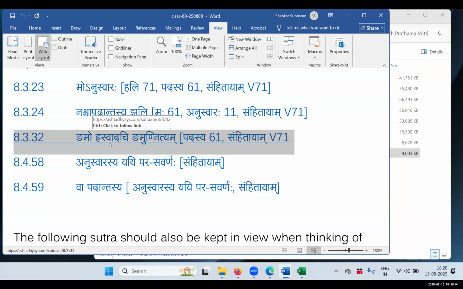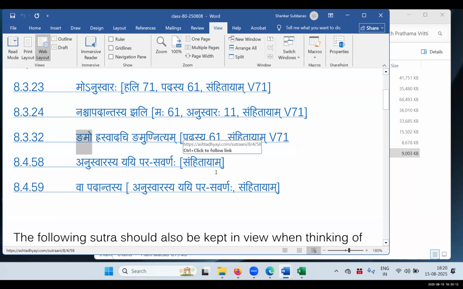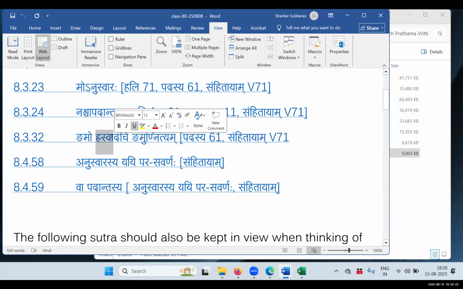The fifth of these three classes of letters: nga, na, na. These three letters, what should they be preceded by? Ngamaha, hrasvat, preceded by hrasva.